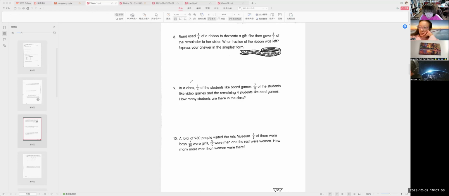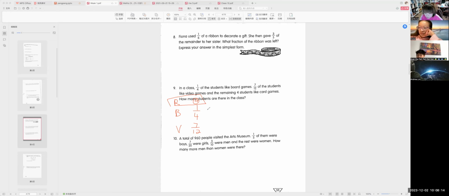How many students are there in the class? So 1/4 likes board games and 7/12 likes video games, and the remainder, 4 students, like card games. So what is the remainder? Only the remainder is the number of students.